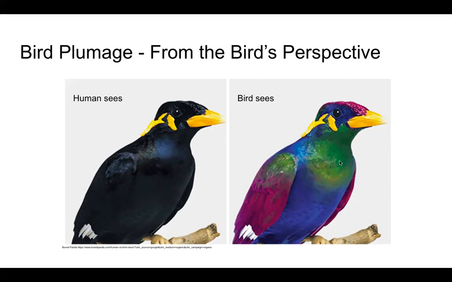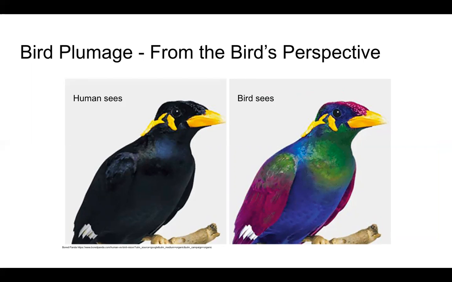So what's going on here? Why is the bird seeing what's on the right when we can only see what's on the left? That's because humans only have 3 cones for color vision. We have a cone to see red, blue, and green. Birds have all of these and one more.